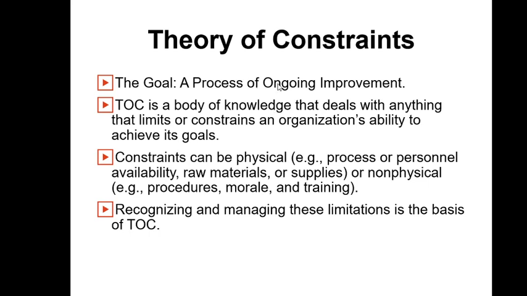You will always try, as I told you a while ago, to improve it. Now how are you going to improve it? This theory says that you have to look for the limits or constraints that will prevent the organization from achieving its goals.